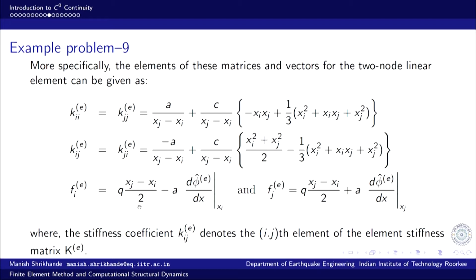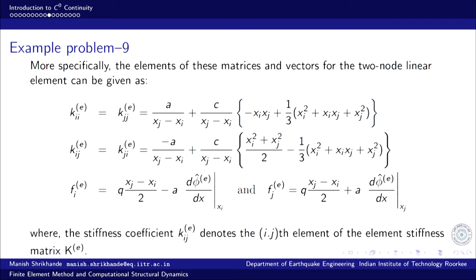This is what comes from the distributed traction, and this is from the boundary term, the secondary variables evaluated at the respective boundary. So, k_ij^e represents the ith row and jth column of the element stiffness matrix K^e. This is how it goes, and we derived this for a generic element E.